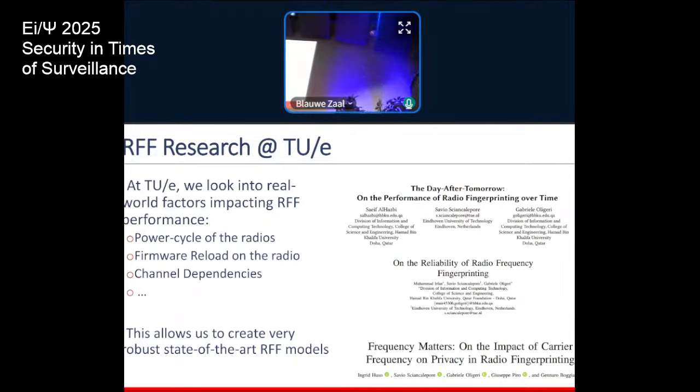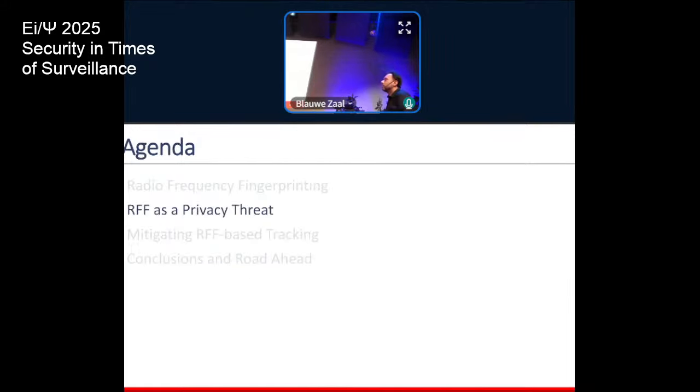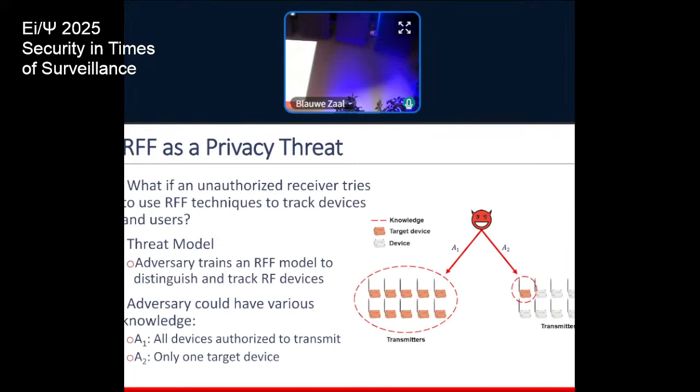An unauthorized receiver, an eavesdropper, can collect the wireless emissions of devices in the wild, then train a model and be able to recognize your device when it is present in the reception area. This motivated some of our efforts to go in the other direction, flipping the problem and asking: can radio frequency fingerprinting be used as an attack vector to track devices in the wild?